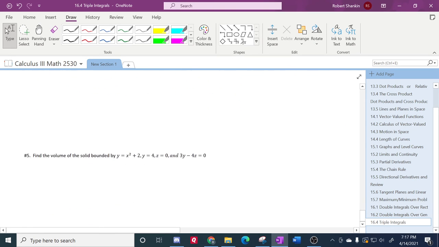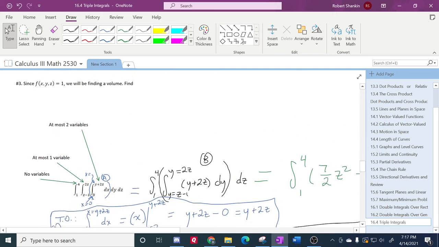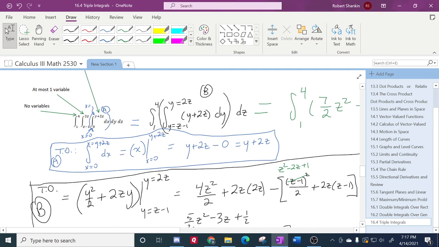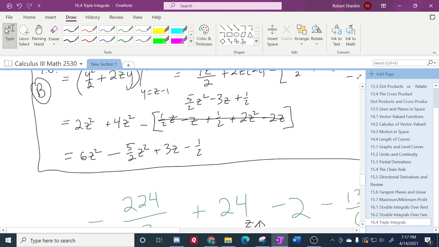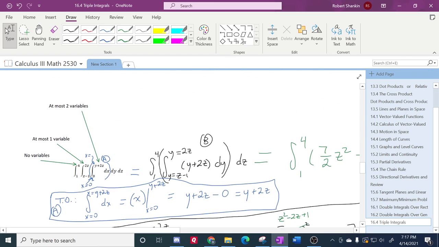All right, let's go to this one. Now, many of the homework problems are just to find these triple integrals, kind of like we did this one. And they're kind of lengthy like this. Each one can take a while.